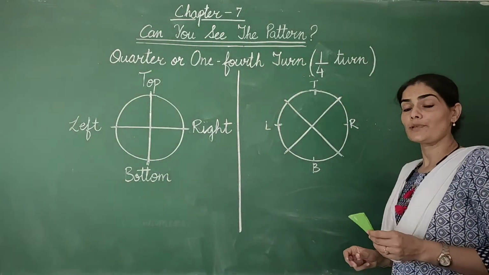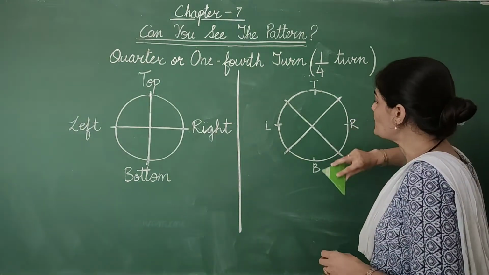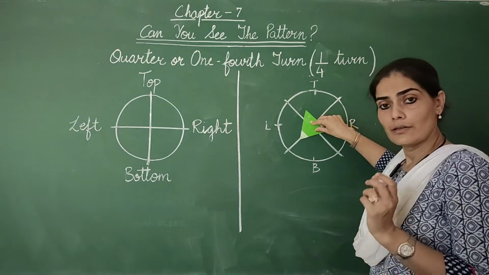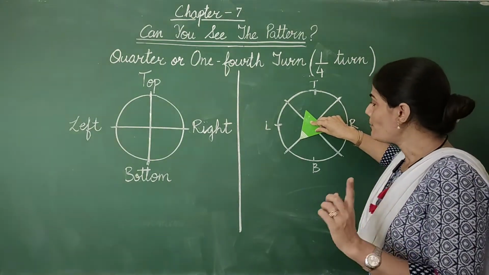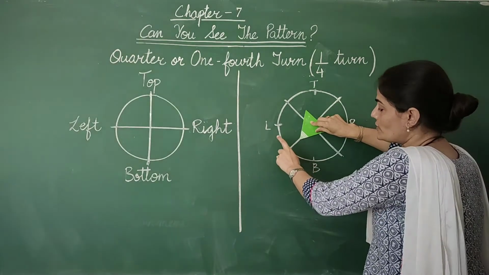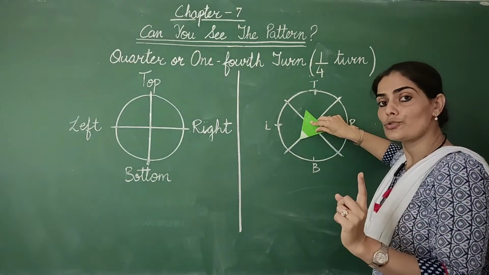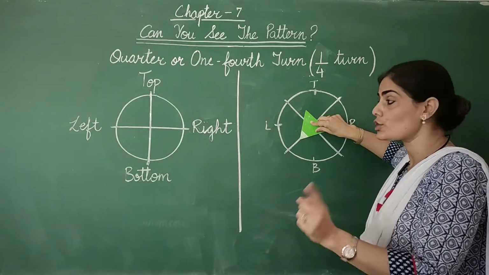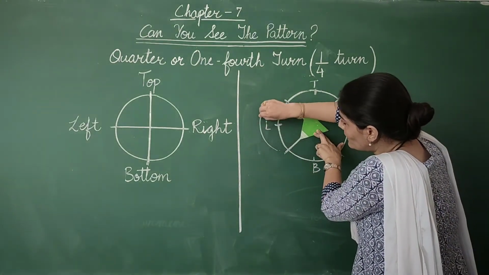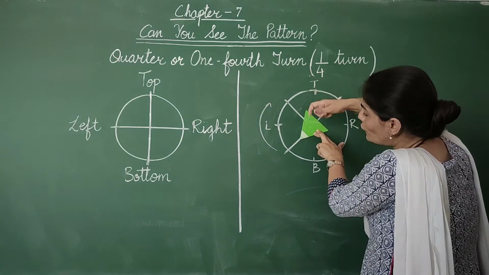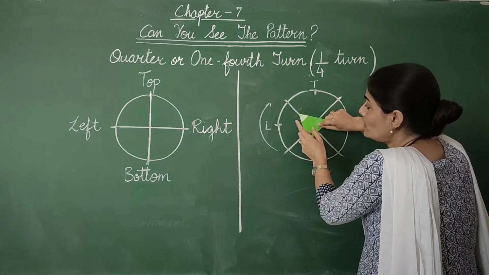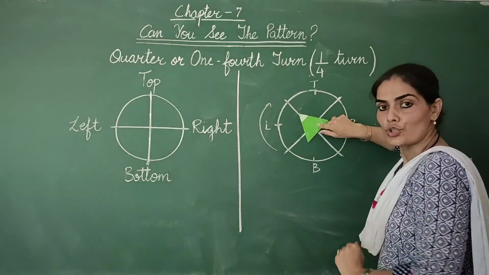But what happens if the object is pointing, let's say, between bottom and left? Remember better. If the object is pointing between bottom and left and you are supposed to give it a quarter turn clockwise, the movement will be like this. From here, the object will now point between left and top.